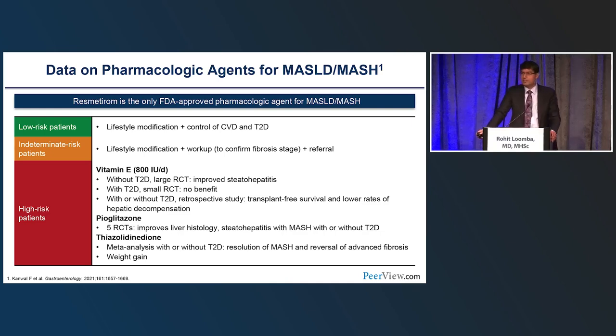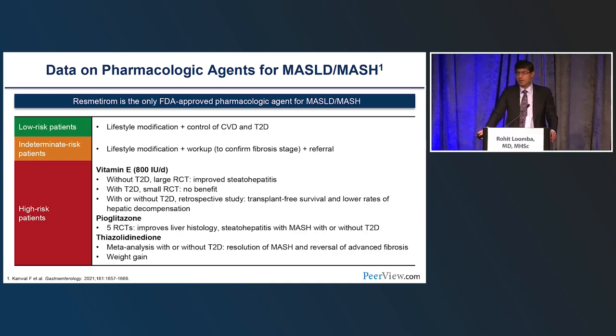For low-risk patients, those who have a FIB-4 below 1.3 or a liver stiffness below 8 kilopascals, lifestyle modifications are recommended along with control of cardiovascular risk factors, as well as management of type 2 diabetes if they have it. Similarly, intermediate-risk patients might require referral to a hepatologist for further evaluation with a liver stiffness assessment. High-risk patients may be considered for treatment with 800 units of vitamin E in those who do not have type 2 diabetes.